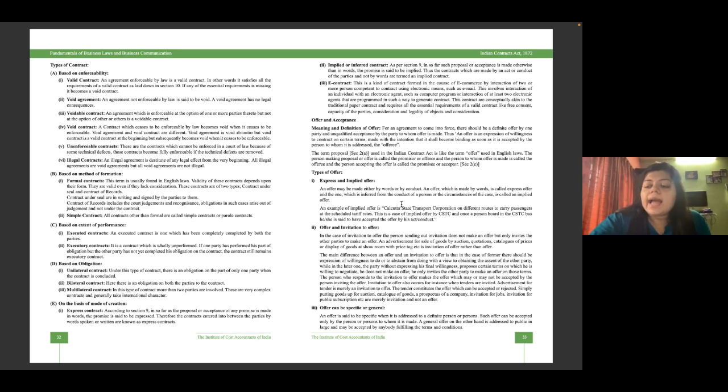Supposing I had put a gun to your head and made you sign your house deeds in order to make a payment, or in order to get the house on extremely meager payments. In such cases, would you think that there would be a valid contract just because I signed on those papers which were made to be signed by me after putting a gun to the head?